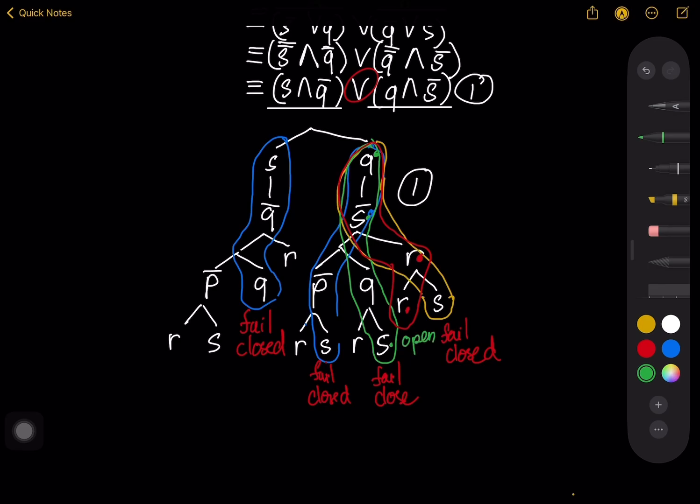Okay, remember from the last video, I said if you find at least one open branch, there is a possible chance that all the premises are true, but the conclusion is false. This one is the case.